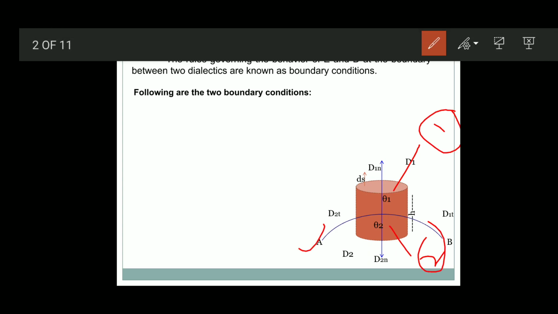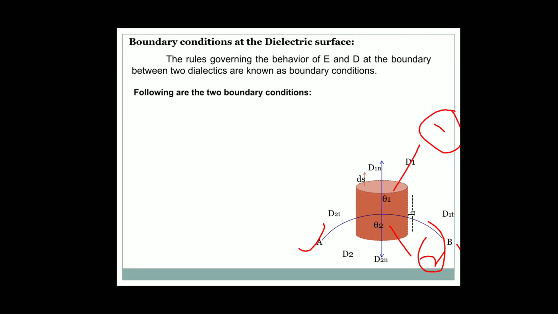D1 is the displacement in medium 1 and D2 is the displacement in medium 2. They make angles theta 1 and theta 2 with the normal drawn to the boundary surface.